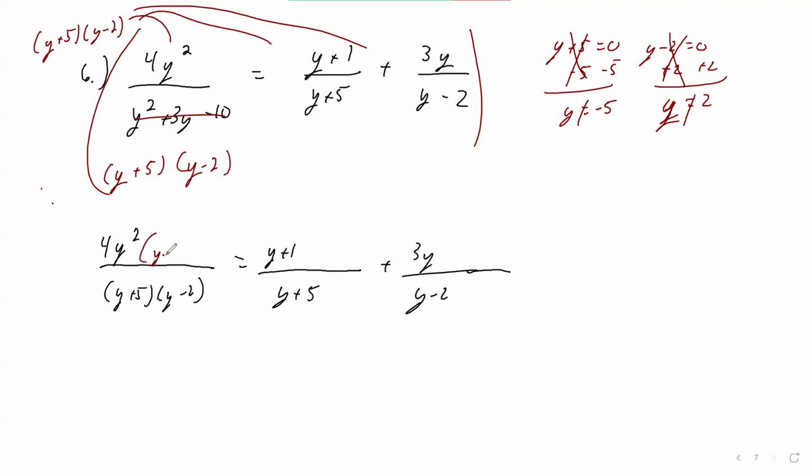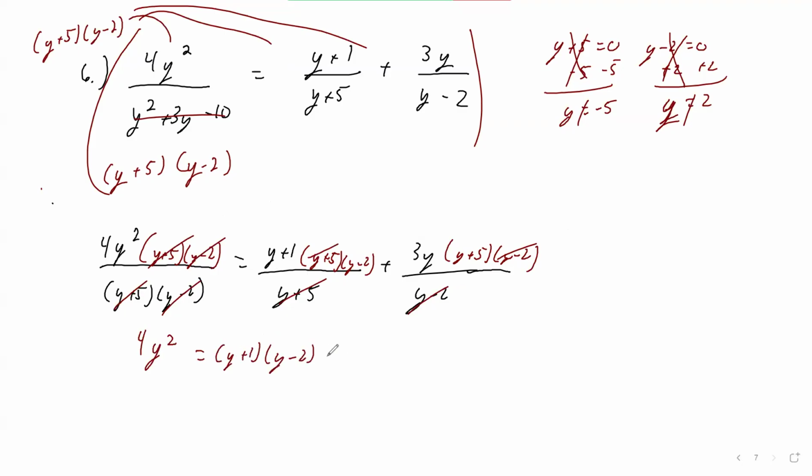This then gives me y plus 5, y minus 2 times each term. Plus 5s will go away, minus 2 goes away, plus 5 goes away, minus 2 goes away. Everything on bottom did get canceled, so I did good on my least common denominator. So that gives me 4y squared equals y plus 1 times y minus 2 plus 3y times y plus 5.